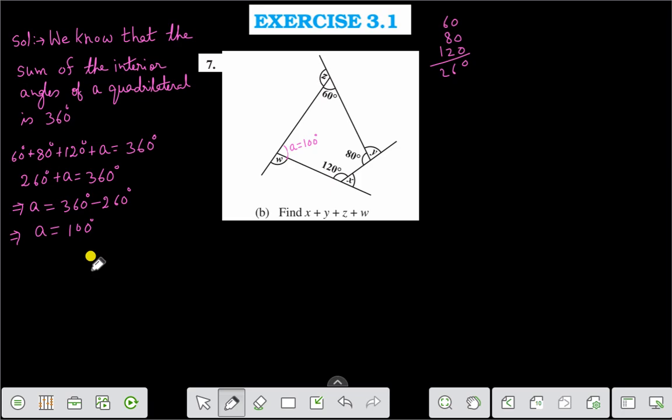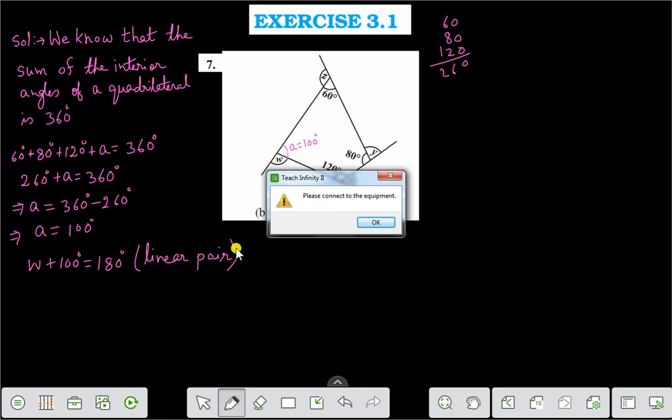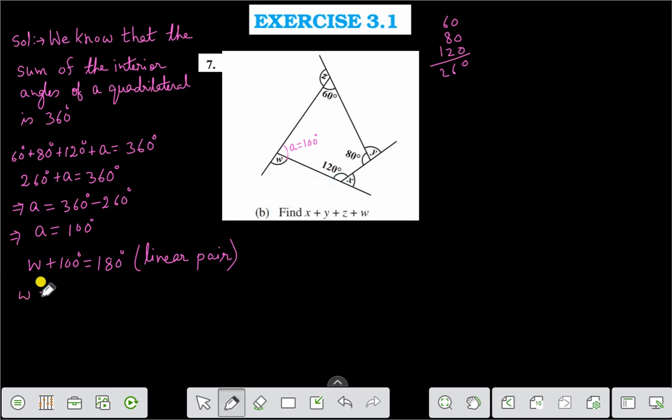So w plus 100 degrees is equal to 180 degrees, or w is equal to 180 degrees minus 100 degrees, and therefore w is equal to 80 degrees. So this value is 80 degrees, right?